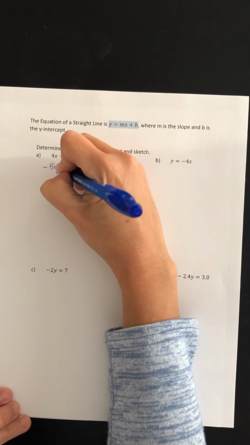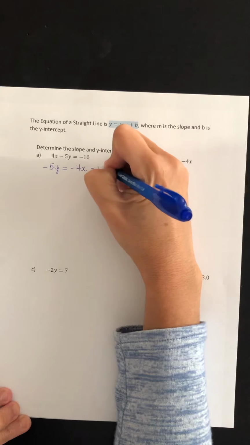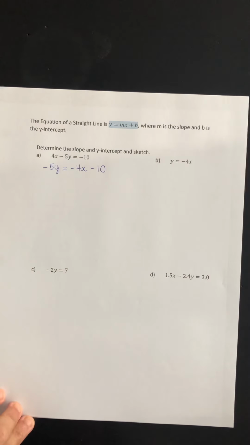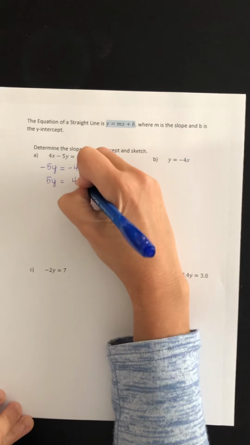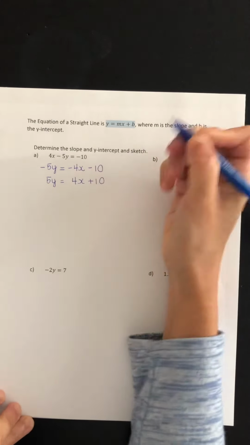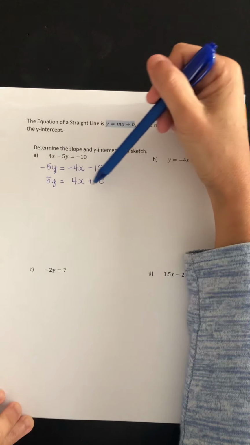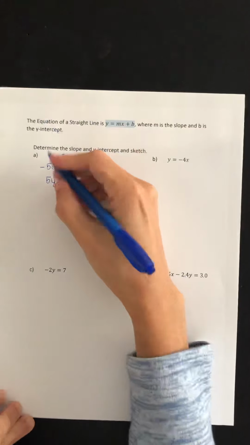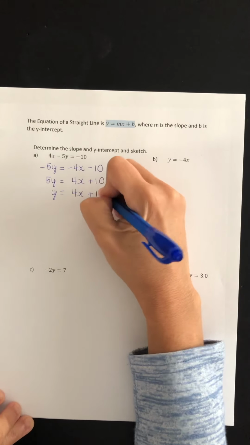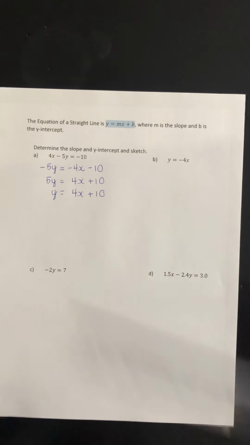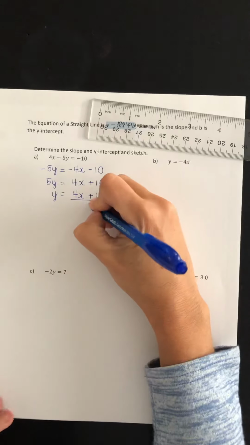And this is done by subtracting 4x, like this. This is the same as saying that 5y is 4x plus 10 if you simply multiply all terms by -1. And finally, to isolate y, all you have to do is divide by 5. So the whole right side is divided by 5.